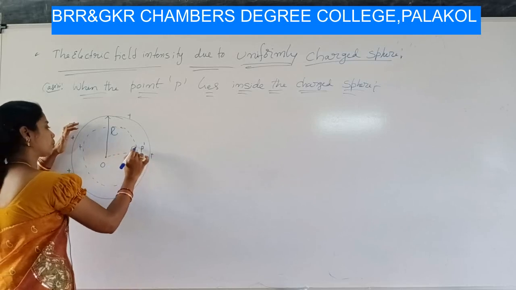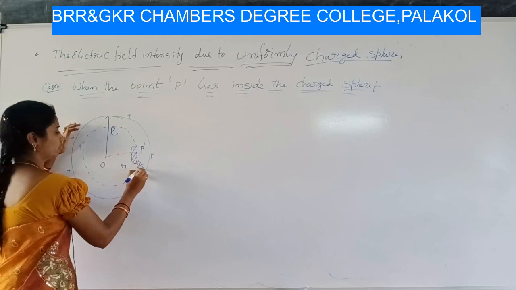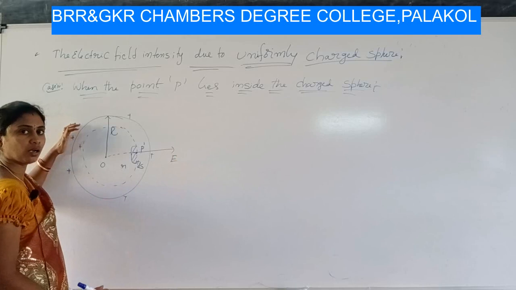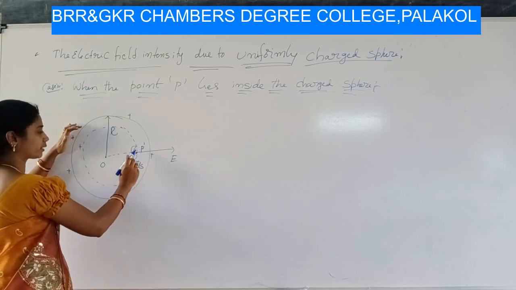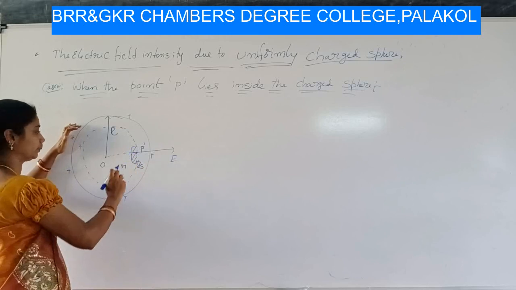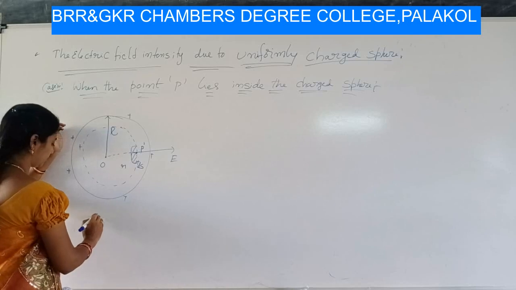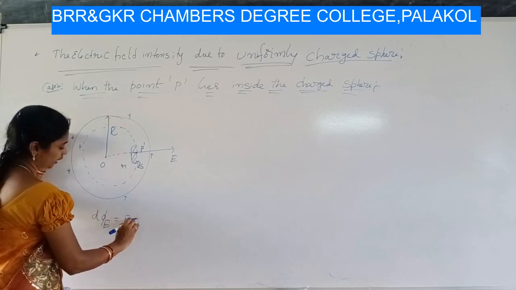Now we consider a small part of this Gaussian sphere as dS. Here the electric field is in the radially outward direction. So we calculate the electric flux for the small area dS as d phi E equals E dot dS.